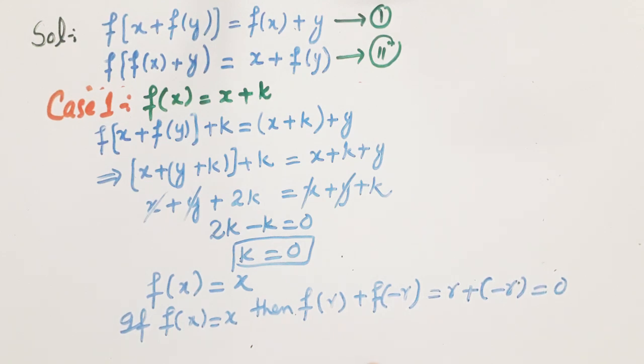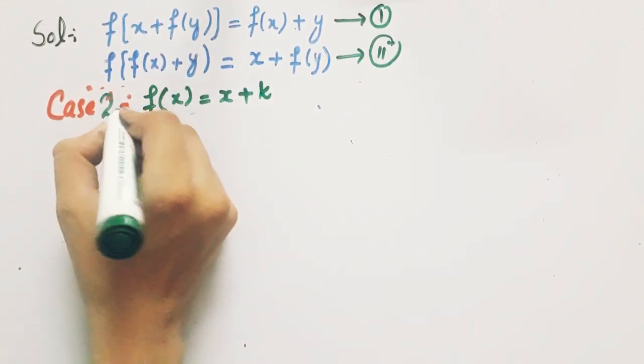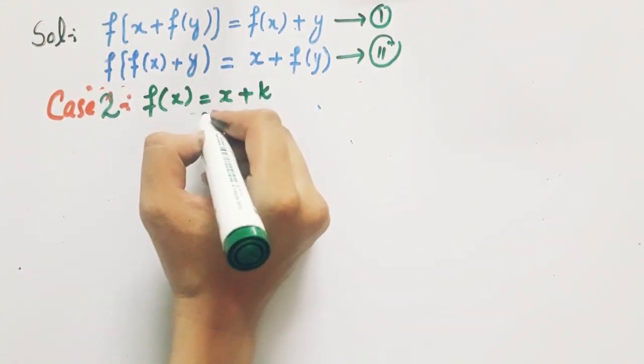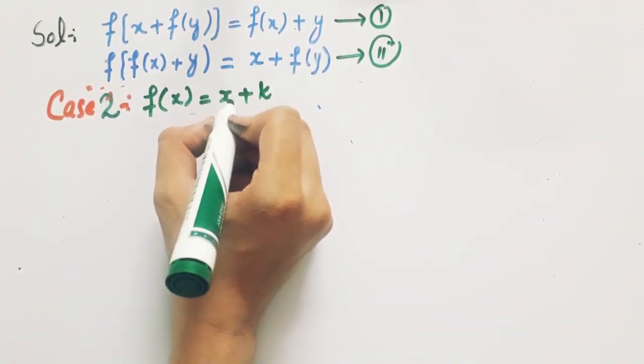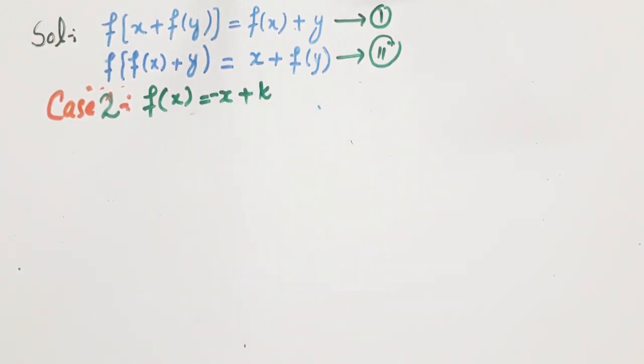Now we will solve for case 2. For case 2, you will just change the value of f(x), that is, f(x) = -x + k.